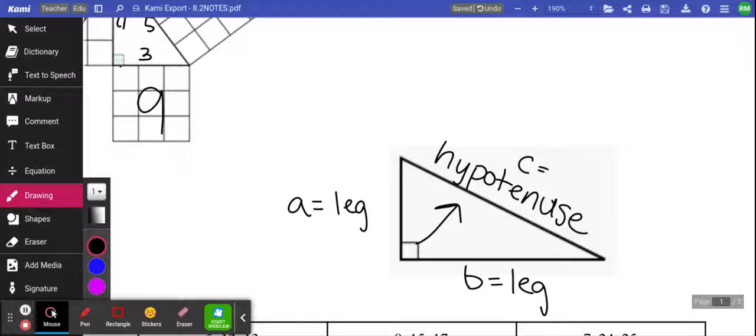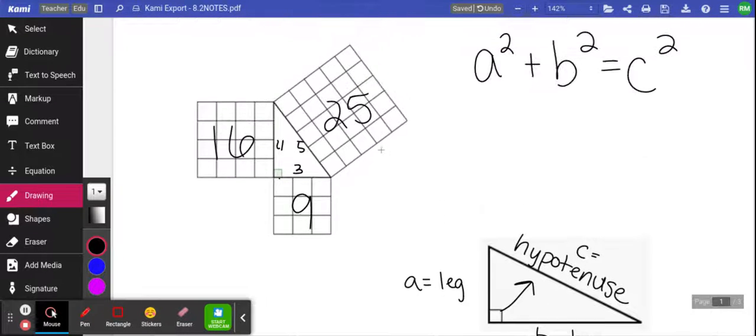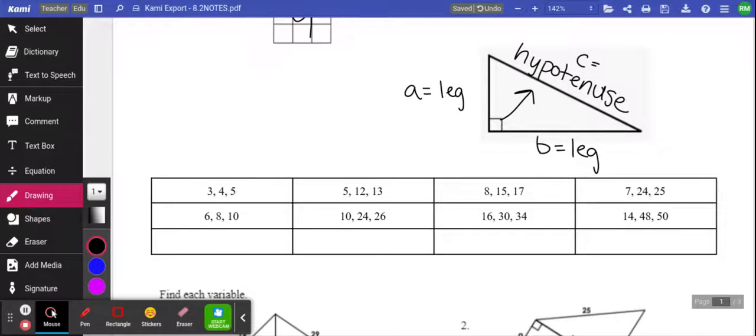So we're talking a little bit about the Pythagorean theorem. Some of this might be new, some of it not. Questions about this so far? Okay. So down below in this chart, these are called Pythagorean triples.